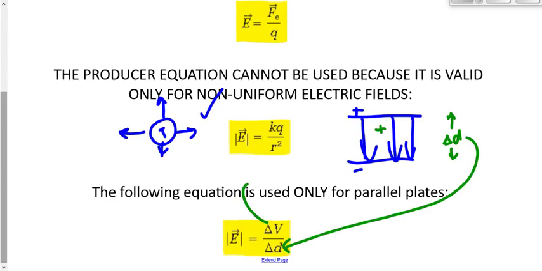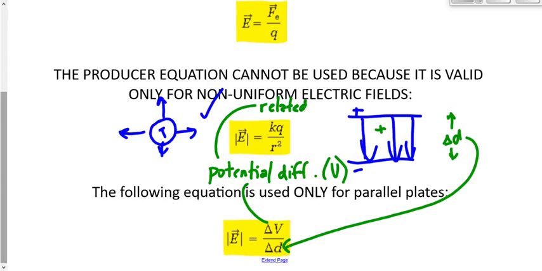Delta V stands for something called the potential difference. It's measured in volts, and I'll give you some more detail on that in the next couple of days, but it is related to the energy. So there's a relationship between potential difference and energy. If you take the difference in potential between the two plates, delta V, and divide it by the distance between the plates, then you get the electric field strength.